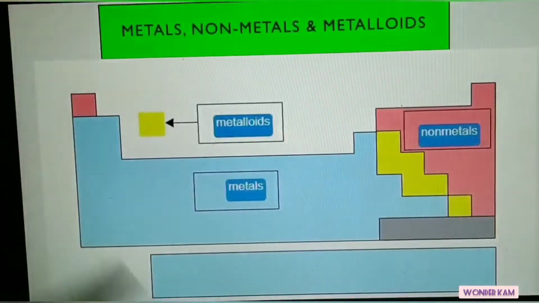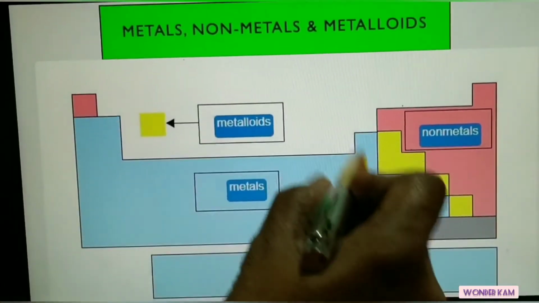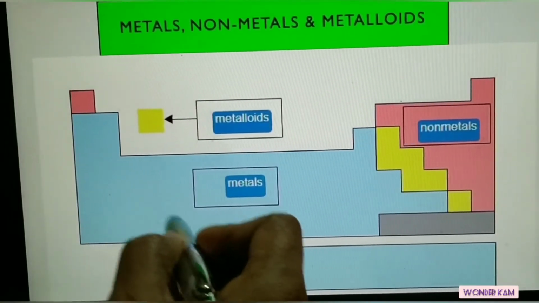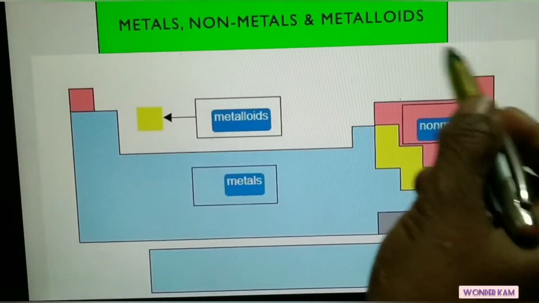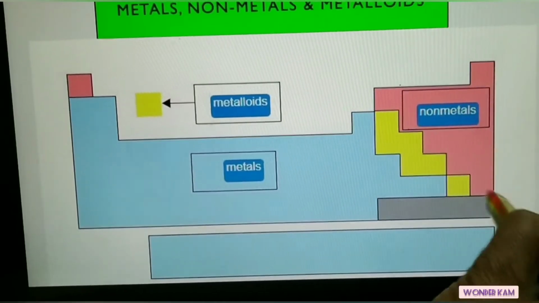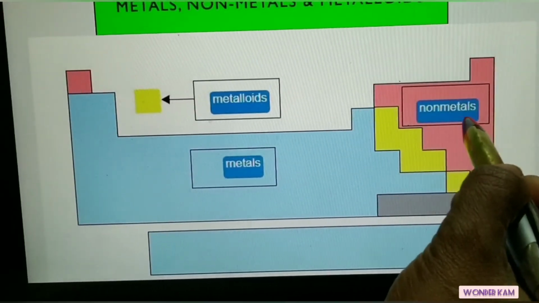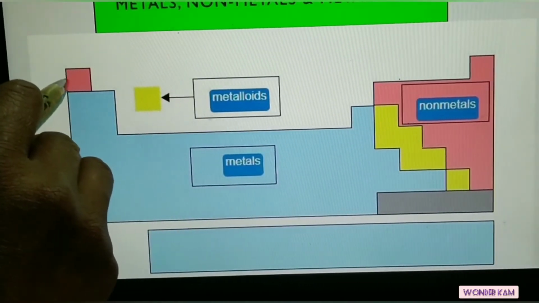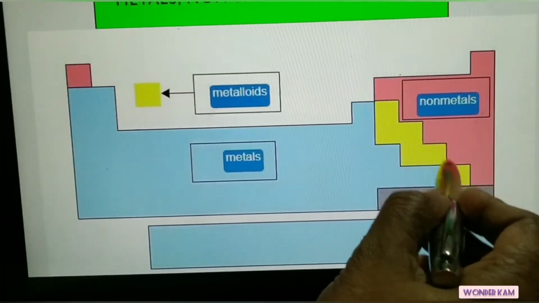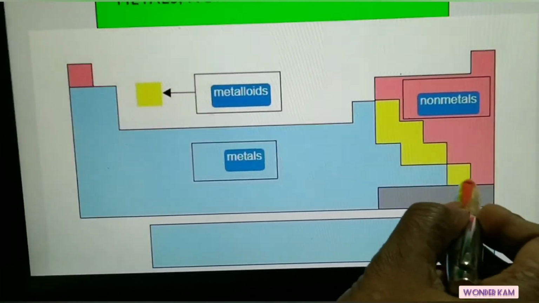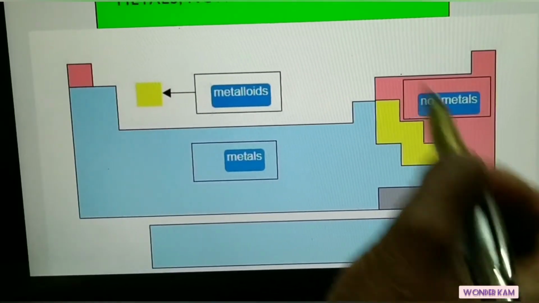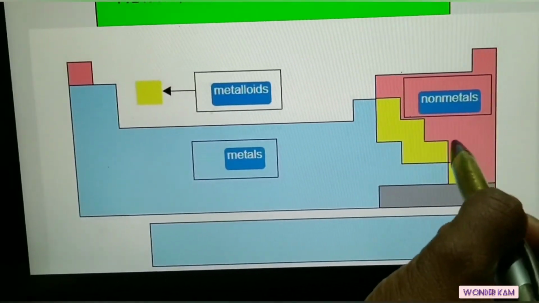You can see the elements present in blue color are metals. The pink colored portion on the right hand side of the periodic table contains the non-metals, as well as hydrogen here, and the zigzag line in yellow color contains the metalloids, that is, intermediate between metals and non-metals.